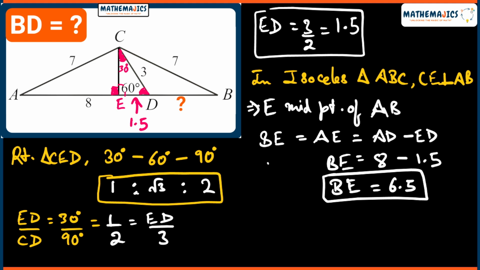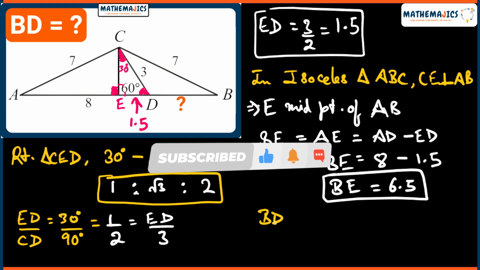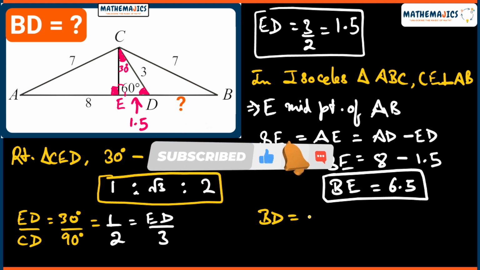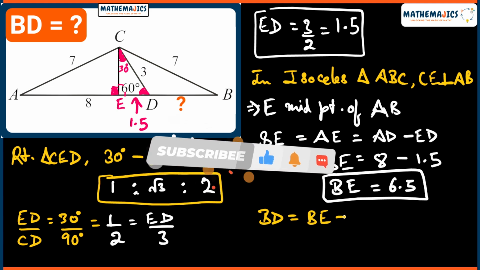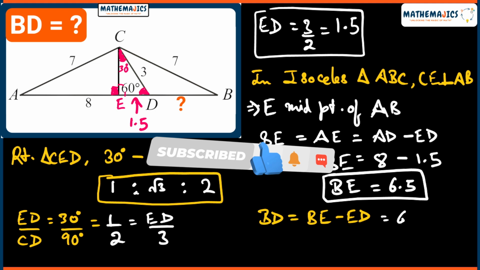We need to find the length of BD. BD can be found by subtracting ED from BE. What is BE? BE is 6.5.